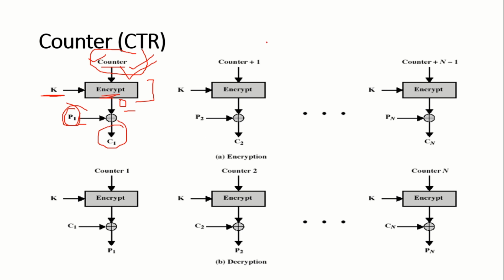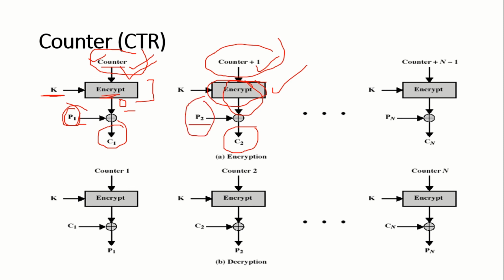For the next plain text block, we will be incrementing this counter by 1. Again, the same process will be followed. So this incremented counter will be encrypted over here, and then we get the second block for the cipher text by XORing the output of this unit and the second block of plain text.